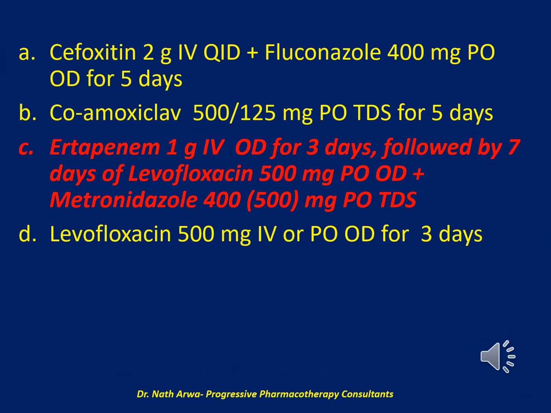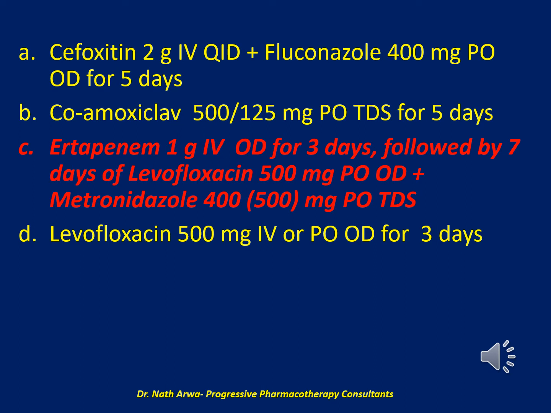And the correct answer is C. Ertapenem 1 gram IV once daily for 3 days, followed by 7 days of levofloxacin 500 mg orally once daily plus metronidazole 400 mg or 500 mg orally thrice daily. Answer D is incorrect because anaerobic coverage would be most appropriate for appendicitis. A 3-day regimen is not evidence-based as an alternative to surgery.